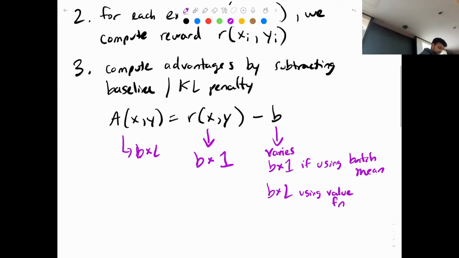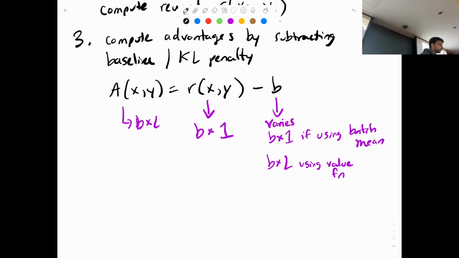Okay, the next thing that we did was incorporate this KL penalty into our advantage. As we'll see later today, this is not necessary for you to do. You can put this KL penalty elsewhere. You can also remove it entirely, which is becoming more common these days.